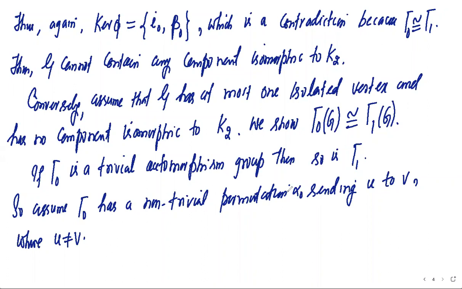We are defining this alpha 0 by alpha 0 of U is equal to V, where V and U are two different vertices.